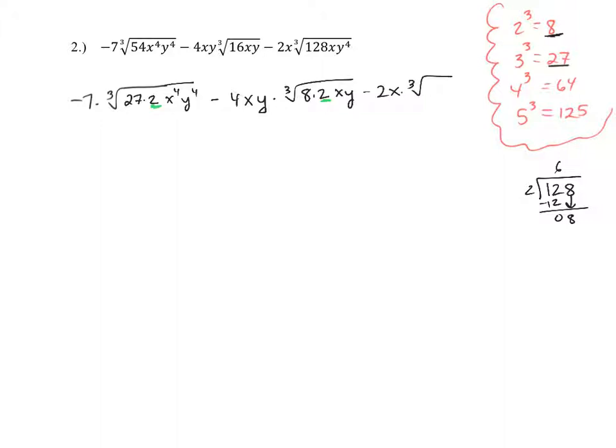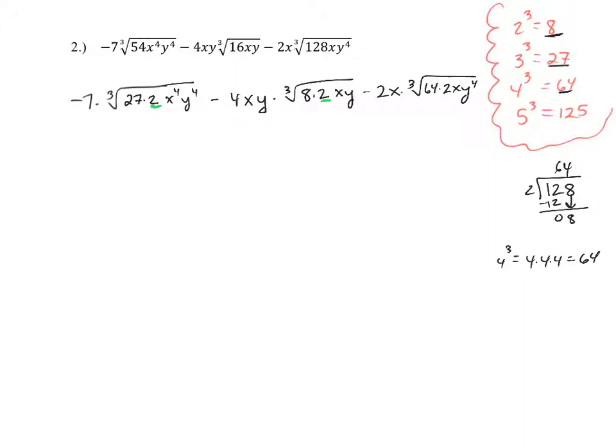We would get 64. And 4 times 4 times 4 is 64. So 4 cubed is 64. So that is a perfect cube. There it is right there. So I'm going to rewrite 128 as 64 times 2 times x, y to the 4th.